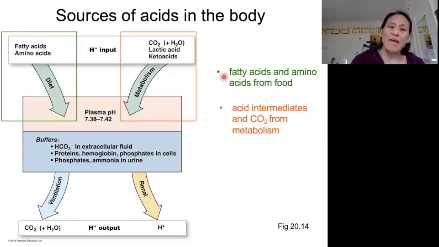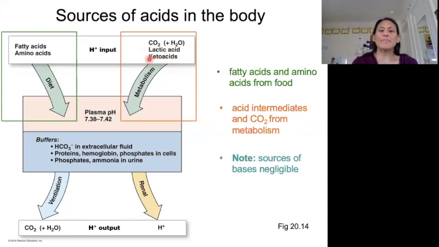The other main source of acids in our body is metabolism. So we have these acid intermediates. Well, lactic acid is not really an intermediate. It's like the final product of anaerobic glycolysis. And then we have a bunch of acids that we make during the citric acid cycle. Okay.